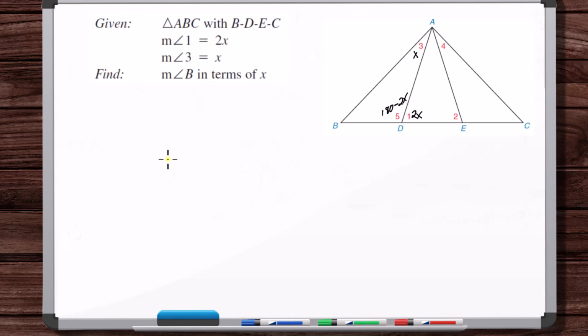So we can say that the measure of angle B plus x plus 180 minus 2x is going to be equal to 180.